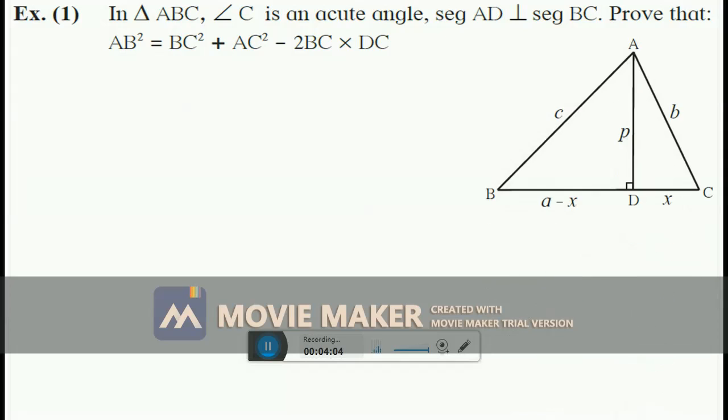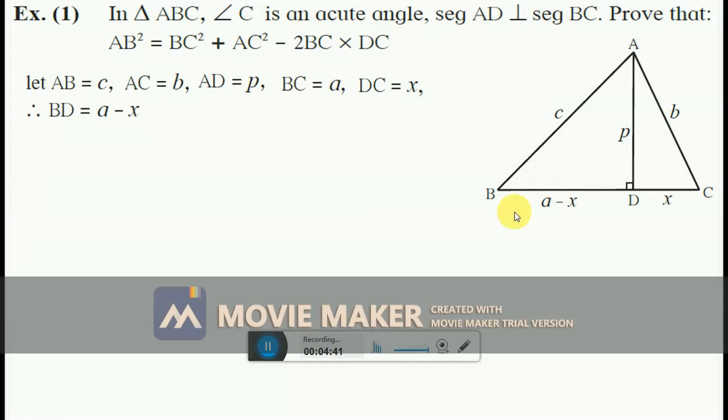Now we start our proof. First of all, we take our triangle ABC in which angle C is an acute angle. Let AB equal c, AC equal b, AD equal p, and BC equal a, DC equal x.